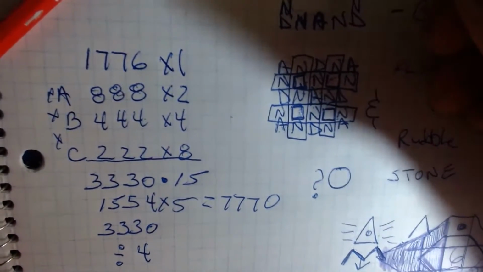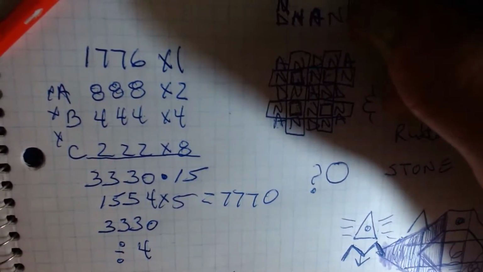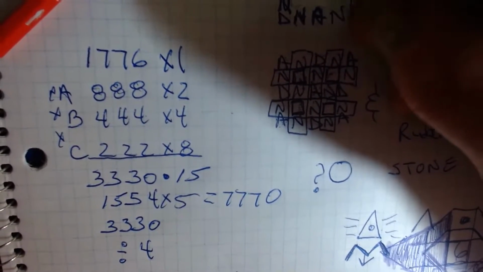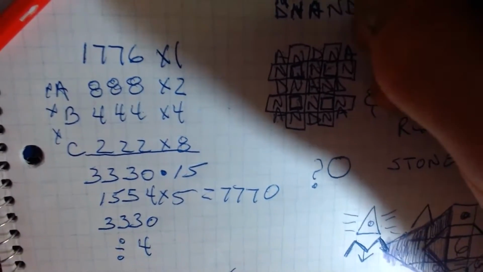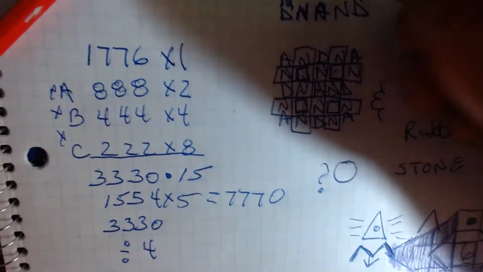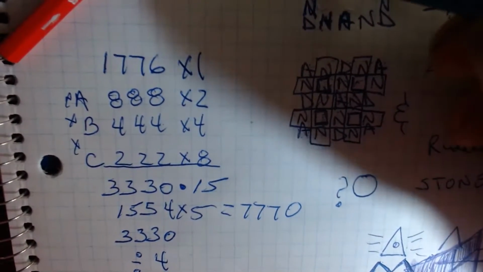DNA and D. Now, here I have N. But what do I put next to the N? Well, I put A, D, N, A, D, A, N, because it's a continuation. And then what's after AD?